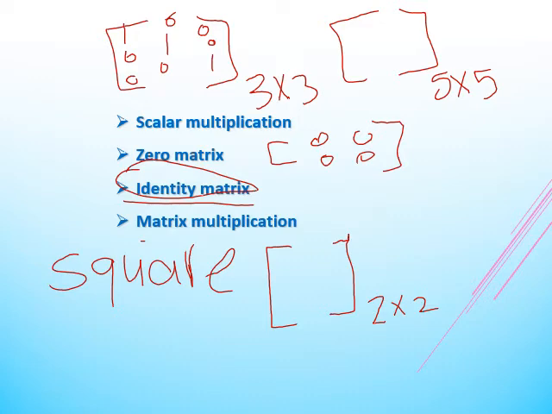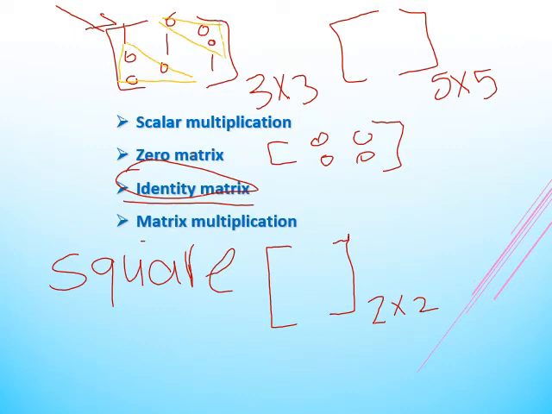Note that the diagonal should go from left to right, not from right to left, and equal only 1, not -1, not 0, only 1. And all other values, except the diagonal, are equal to 0.